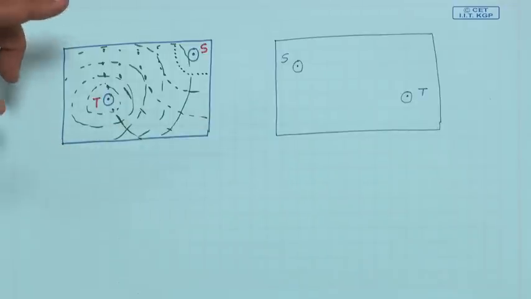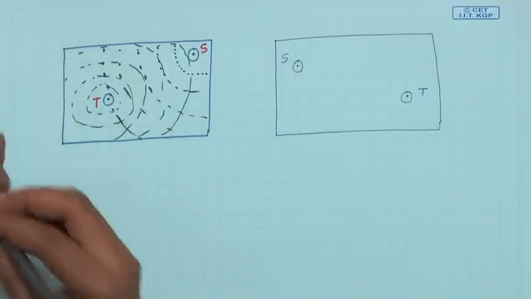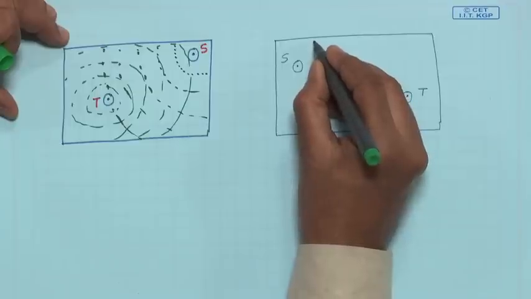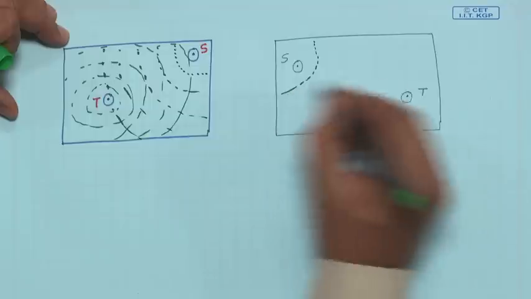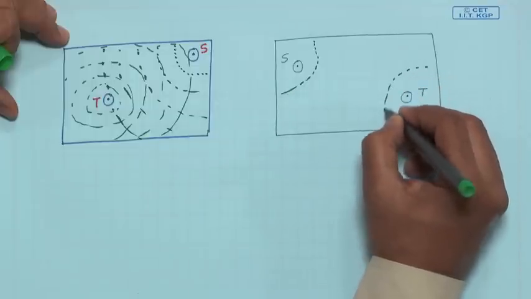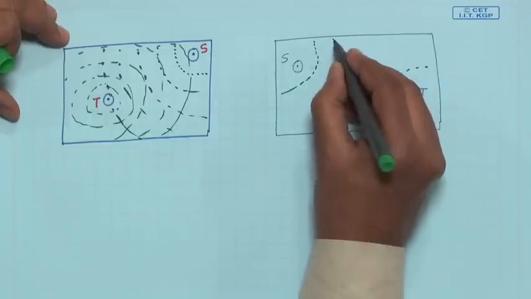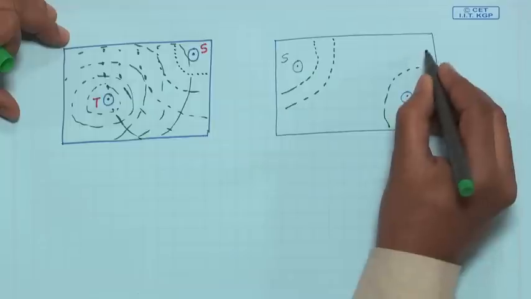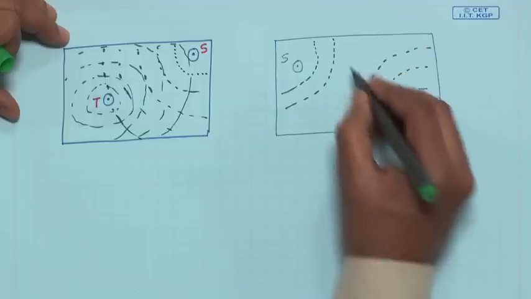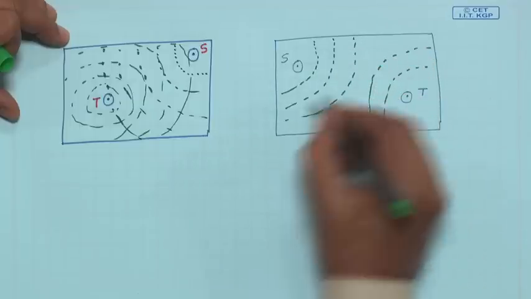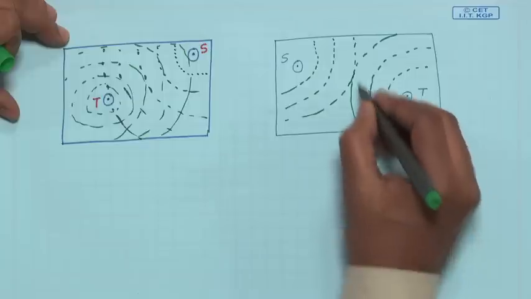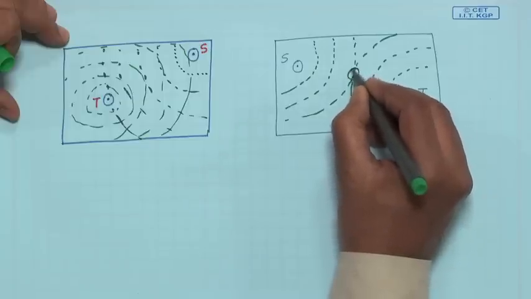So, what this method says is that you start the wavefront propagation not only from S, but also from T. So, the wavefronts touch somewhere.